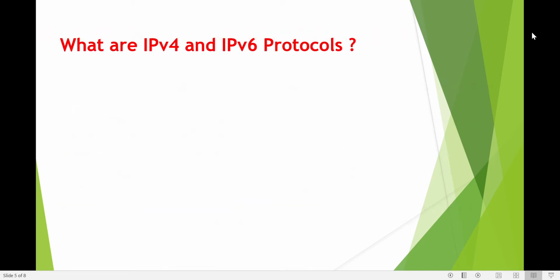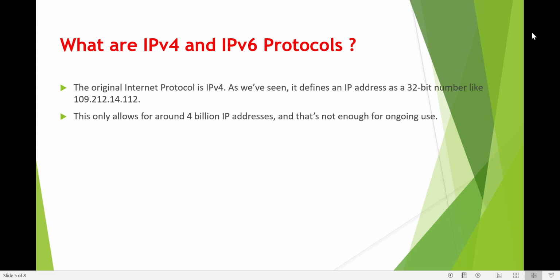Now let us see what are IPv4 and IPv6 protocols. The original internet protocol is IPv4. As we have seen, it defines an IP address as a 32-bit number like for example 109.212.14.112.